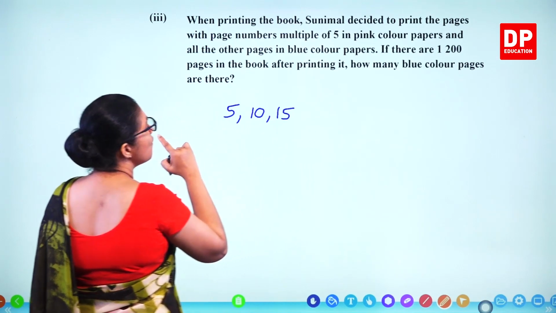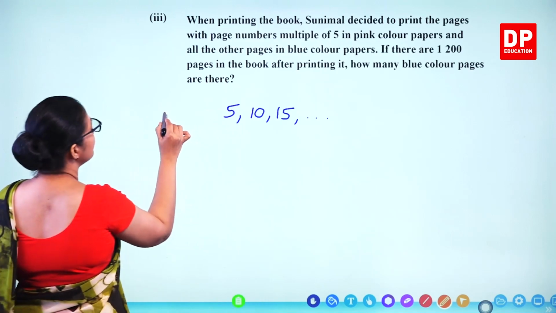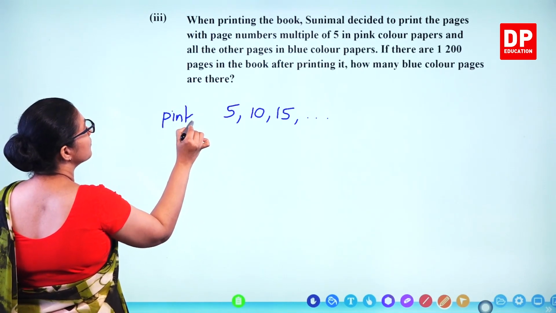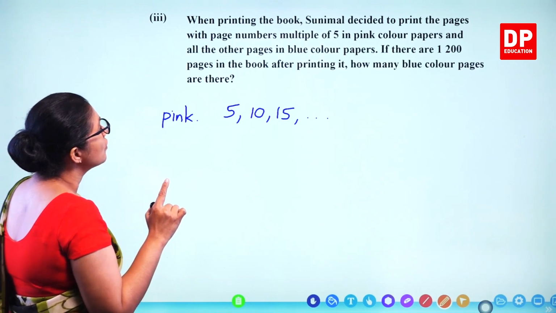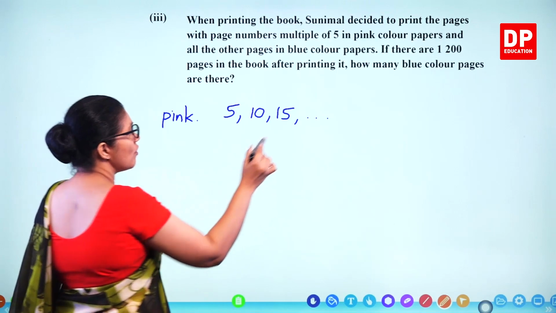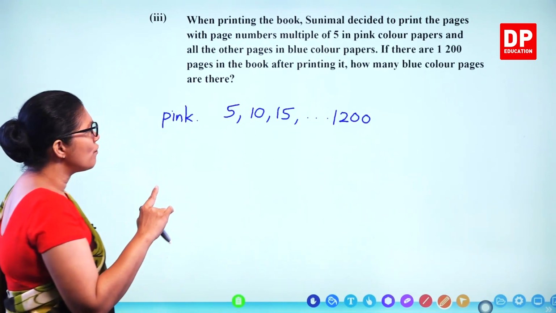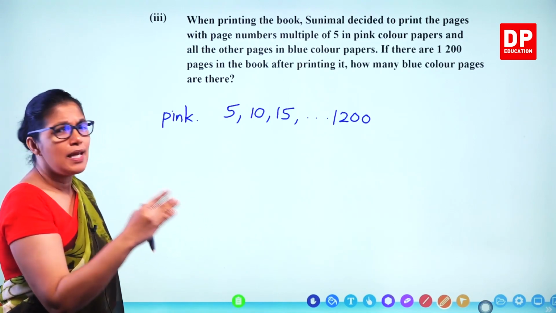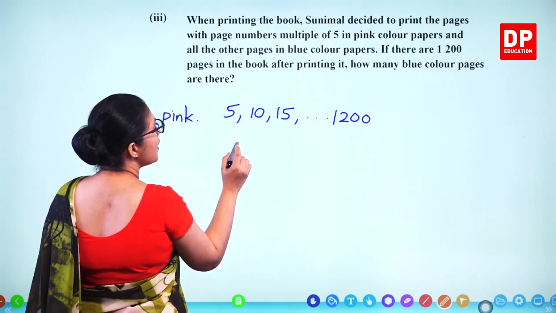Multiples of 5 in pink color. So 1200 pages are there, so that's also a pink color. So the last number is 1200. So we need to find out how many pages are there. So how can we find that out?